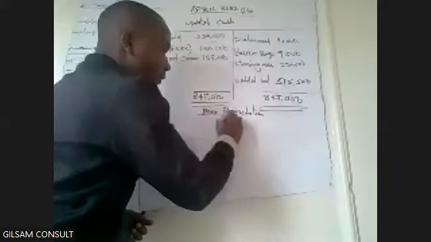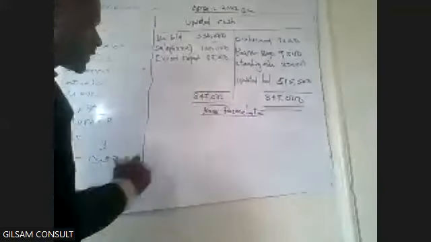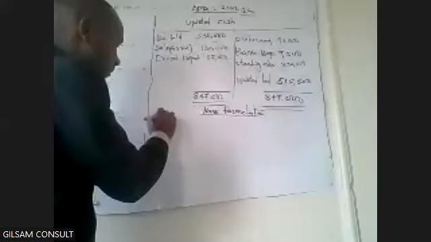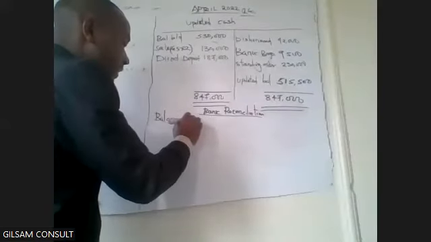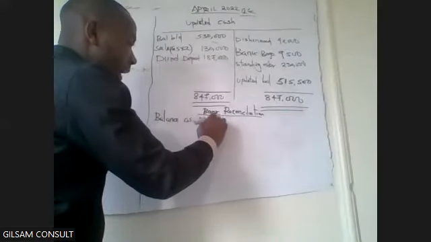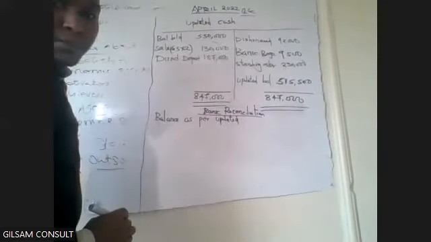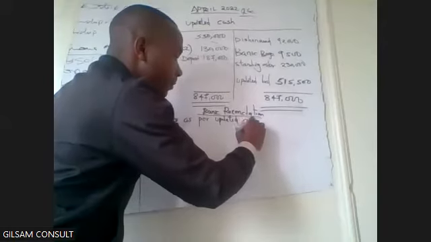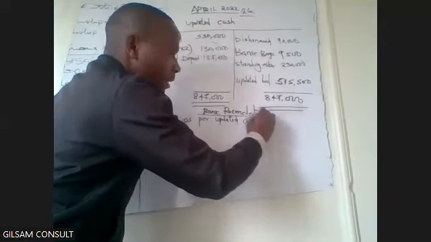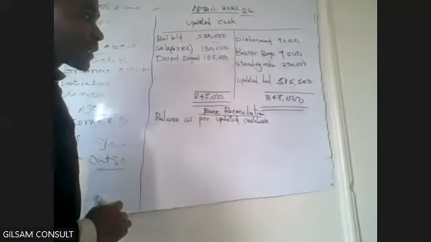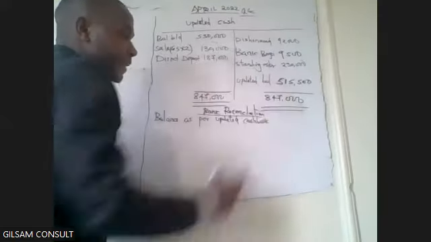You will say balance as per updated cash book, which is 515,500.